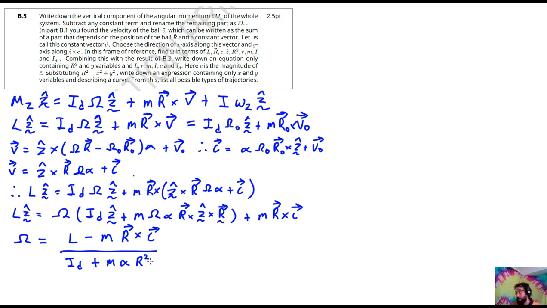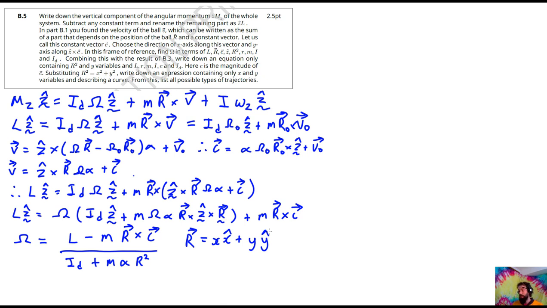Now the next thing they tell us to do is to line up the x-axis with C. What this means is we can get some information about how R cross C is going to work. In particular, we could write R in general as x hat plus y hat.